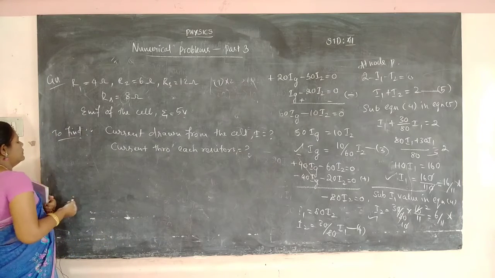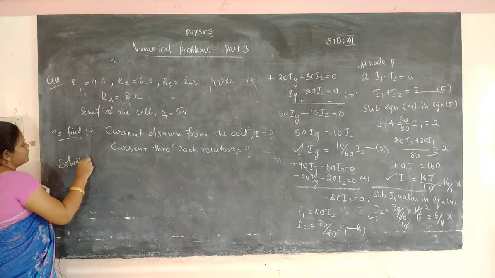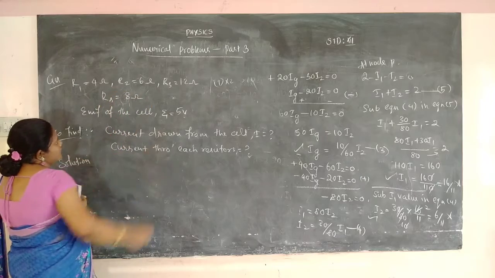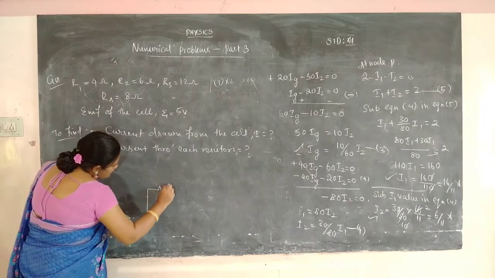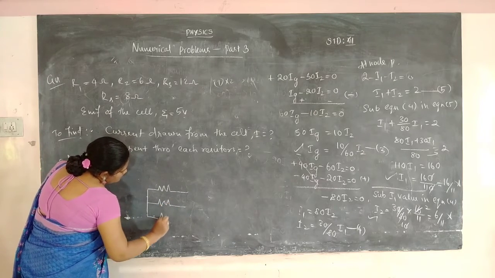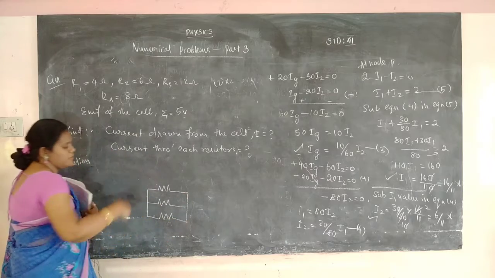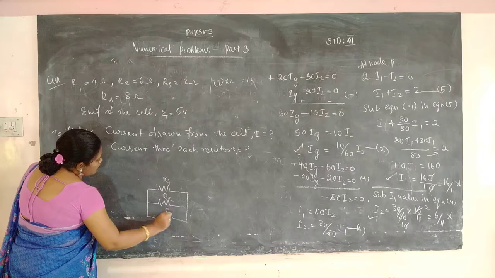Then, in the solution, first the circuit has to be framed. How will you frame the circuit? 3 resistors can be connected in parallel. Take 3 resistors, 1, 2 and 3. Okay, 3 resistors will be connected in parallel, R1, R2 and R3.